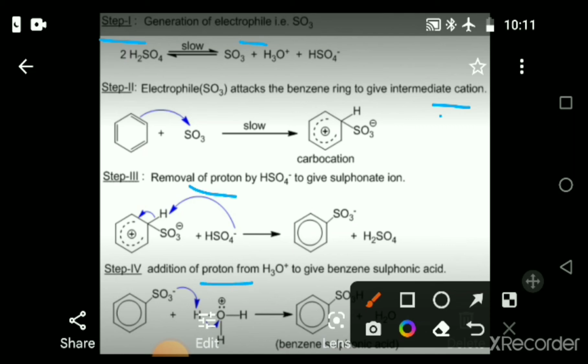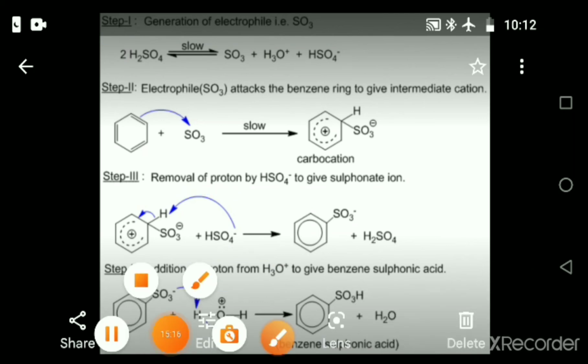But here the sulfonation reaction has one extra step, addition of a proton, so the sulfonation reaction is a reversible reaction. First I will tell you the 3 steps: electrophile formation, carbocation formation, and removal of hydrogen. Then after that I will tell you why we call the sulfonation reaction reversible.